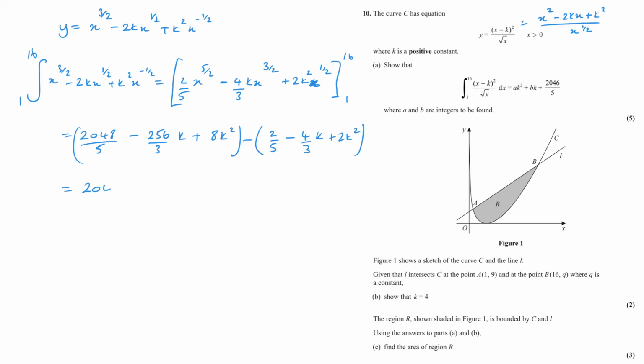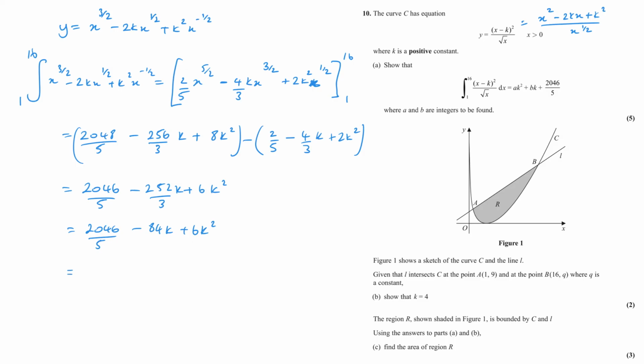So that's 2046 over 5 minus 256 over 3 minus, so it's plus 4, so it's minus 252 over 3. 8 minus 2 is 6. Oh, that's k. And that is 2046 over 5. This is 84k plus 6k squared.